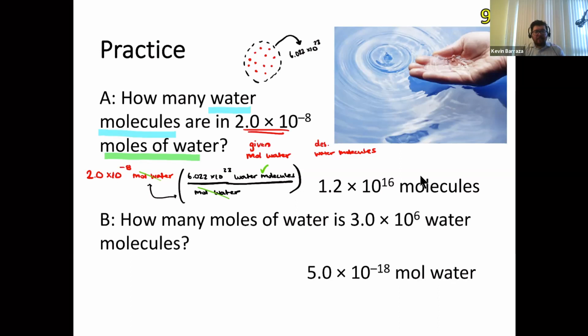Now, the other thing I want to mention is the biggest issue that I see at this point. Students tend to be very good at figuring out which unit goes on the bottom and which unit goes on the top, but not so strong at where do I put each number.